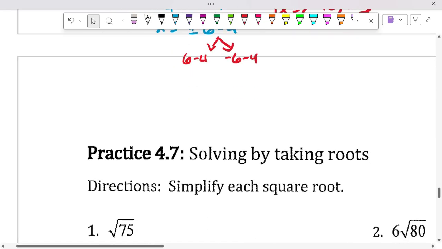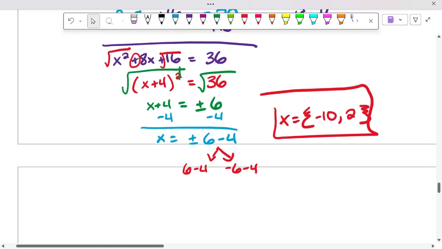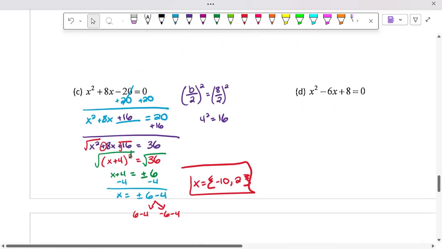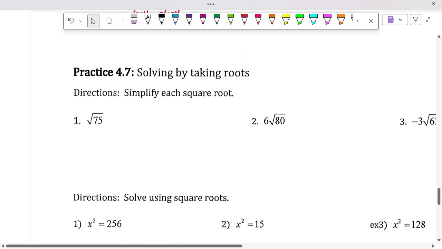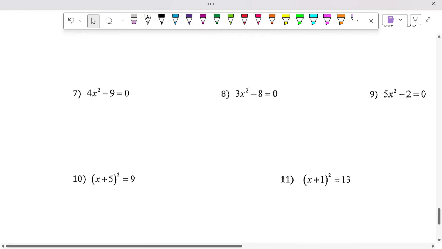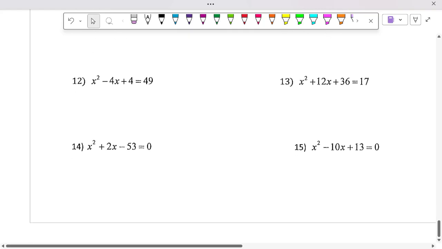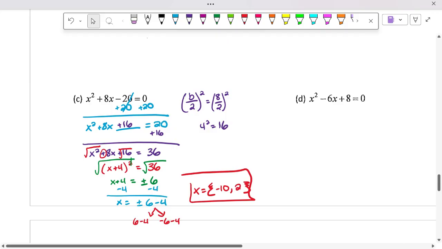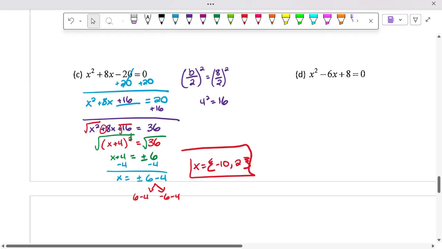Any questions on that? So these are pretty easy solved by taking a square root or completing the square. If I ask you to solve by completing the square on the test, I would give you the easier ones. All right.